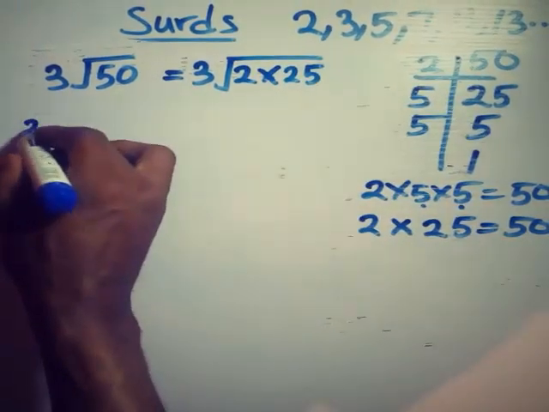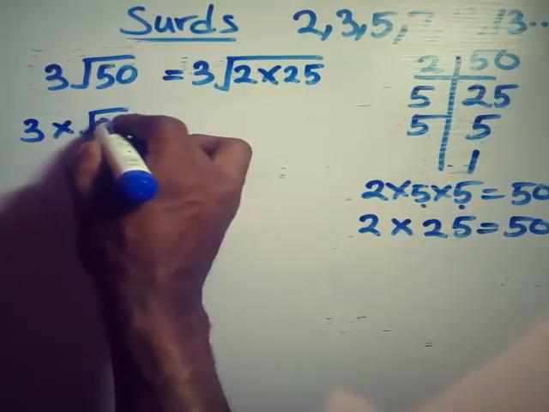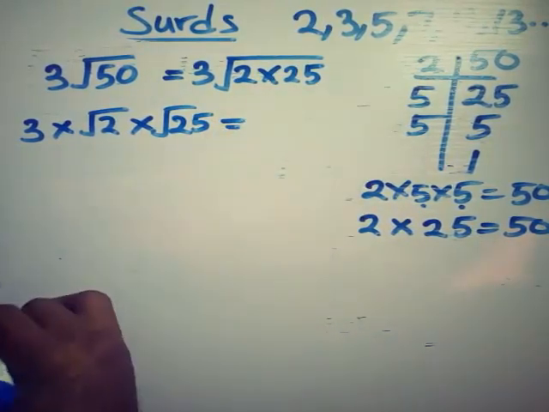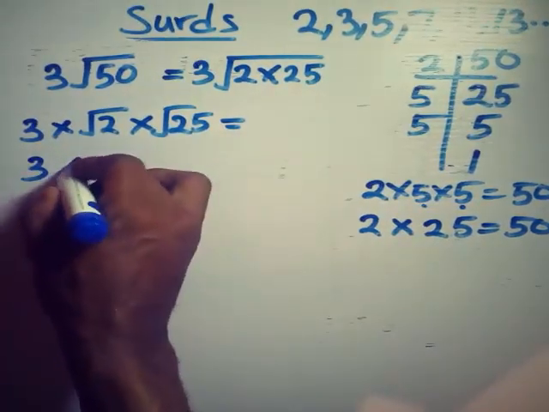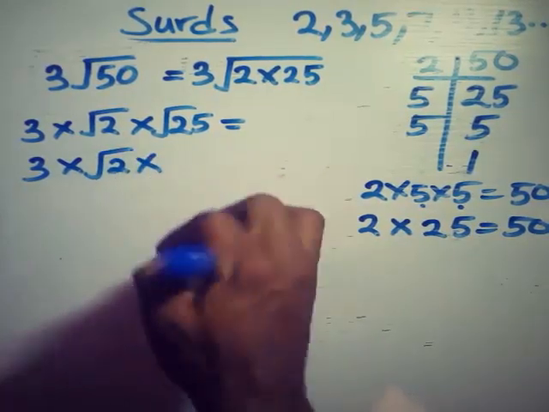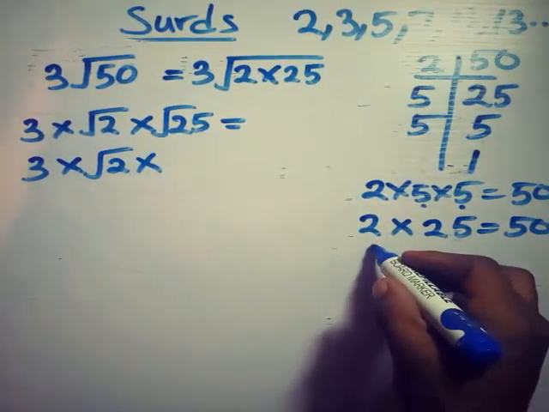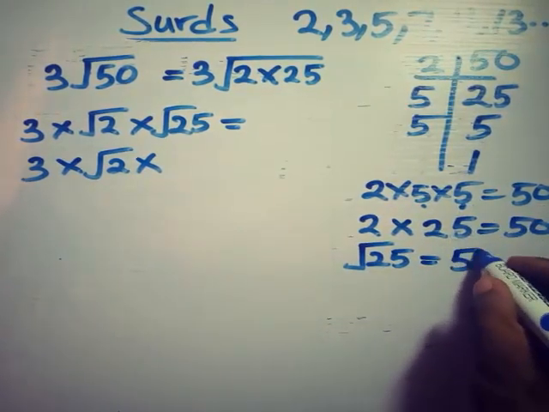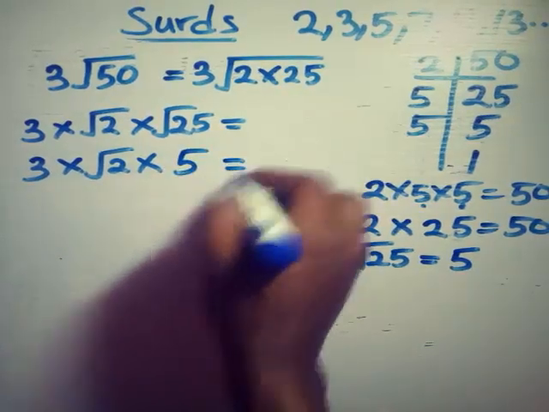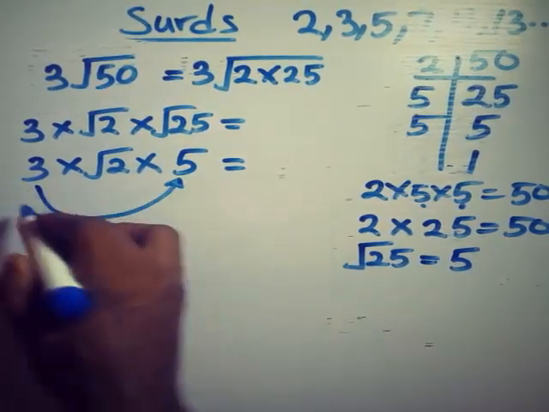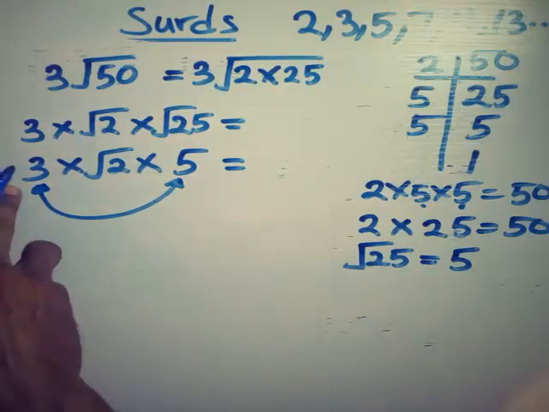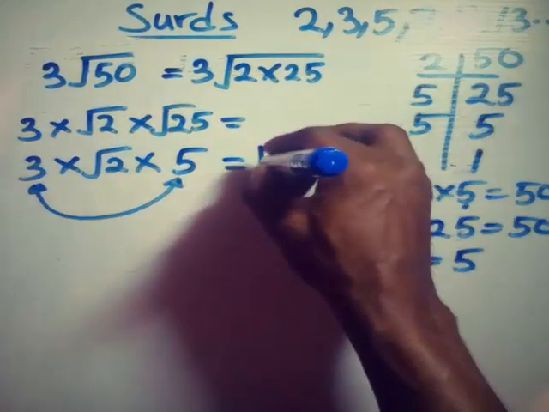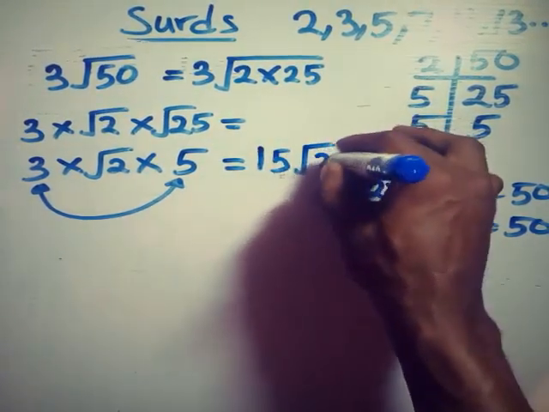So that 3 times root 2 times root 25 will be equal to 3 times root 2 times the square root of 25, which is 5. So I have 5. Now these two numbers are in the same category, which is ordinary 3 and ordinary 5, not with root. So that 3 times 5 will give me 15 root 2.